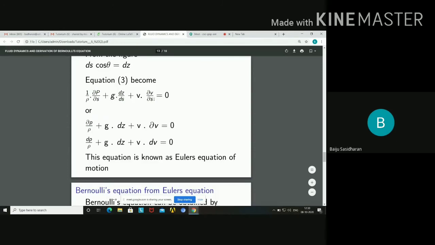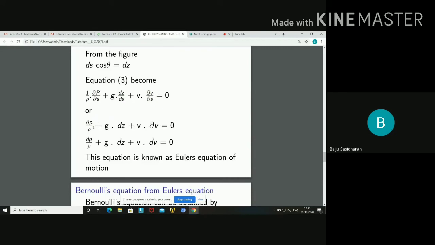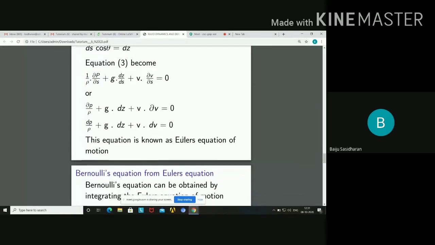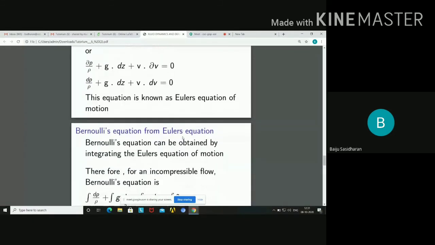That is why this can be modified as ∂P by rho plus G into dz plus V into ∂V is equal to 0, that is dP by rho plus G dz plus V dV is equal to 0. This equation is known as Euler's equation of motion.